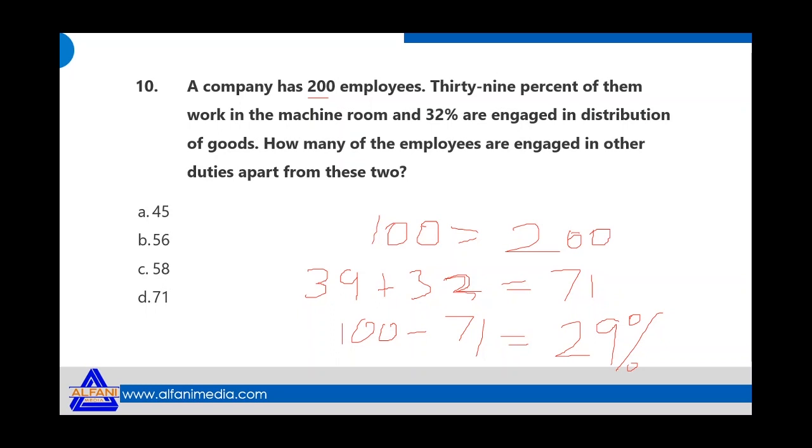They're asking how many employees are engaged in other duties apart from these two. So 29% here, you apply that to these 200 employees.